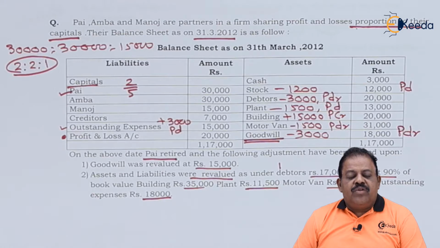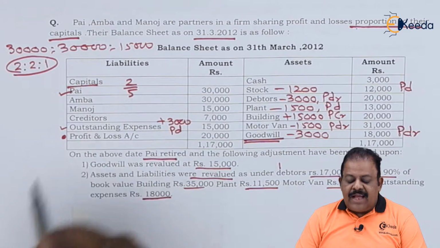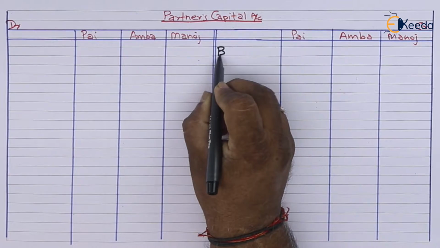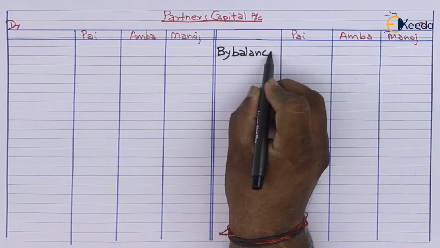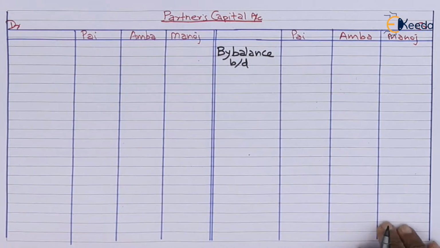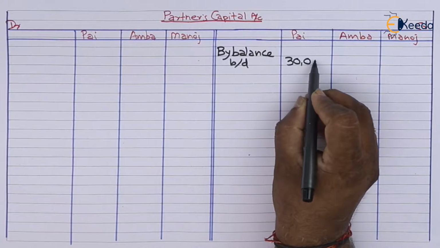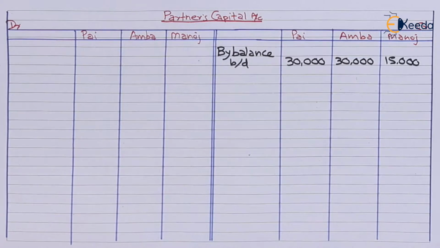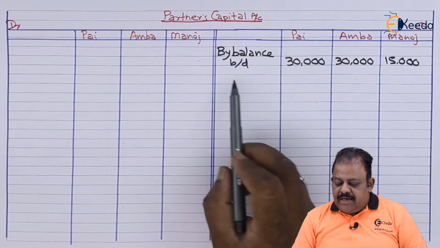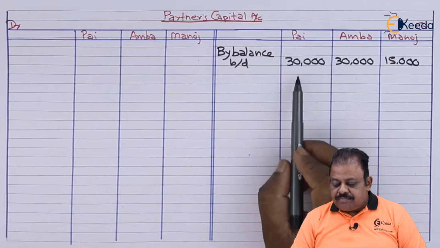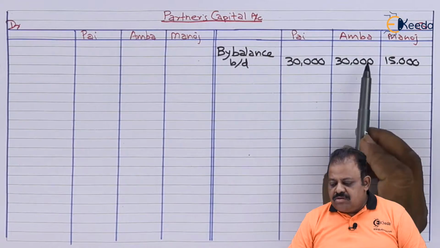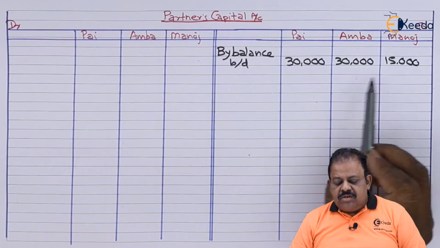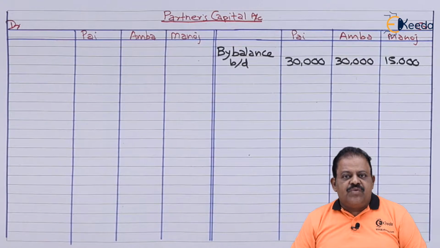This will be recorded to the credit of the partners' capital account, by balance brought down: Pai 30,000, Amba 30,000, Manoj 15,000.